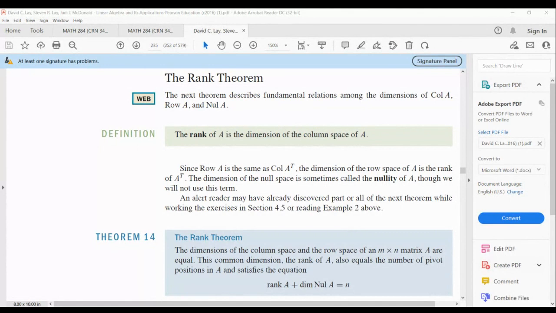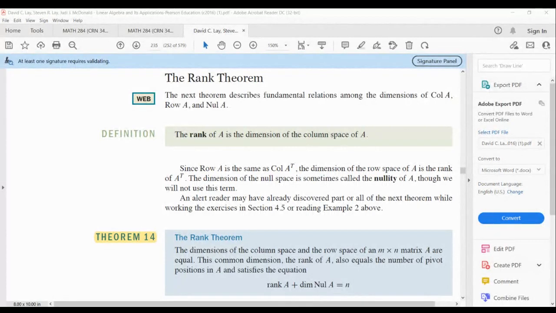Rank is the dimension of the column space of a matrix A. But there's an interesting result that relates the rank of a matrix A. Again, rank by definition is the dimension of the column space of A. But by theorem 14, which we touched upon in the last class, the dimensions of the column space and the row space are equal, but also the rank of A, which is the dimension of the column space of A, and the dimension of the null space of A, the sum of that will equal the number of columns in the matrix.